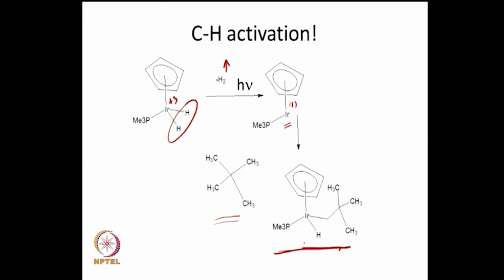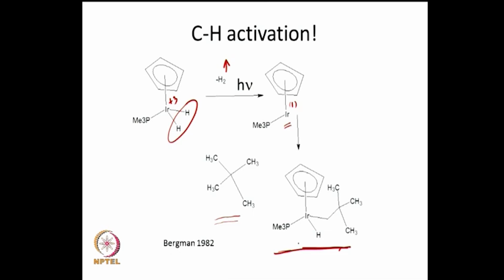The reason why 3d elements do not work out well is because the 3d metal-carbon bond is much weaker than the 4d metal-carbon bond or the 4d metal-hydrogen bond. The 4d and 5d elements form very strong bonds to hydrogen and to carbon.